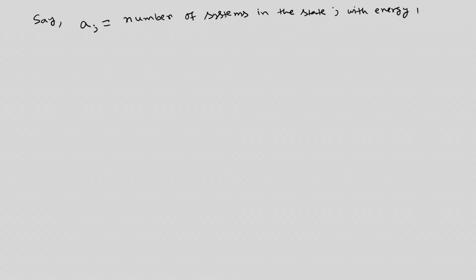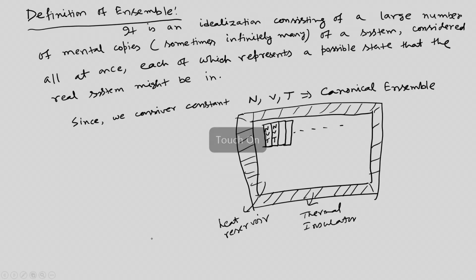Okay. So, we define a quantity Aj, which is the number of systems in the state J with energy Ej.